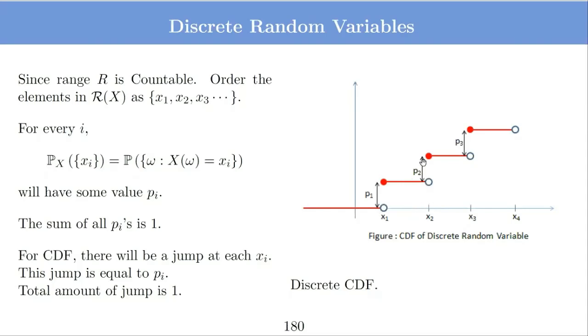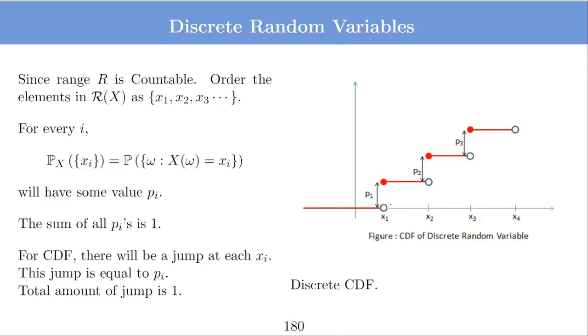Similarly, at x2 you again get one more jump like this, and eventually, if you cover all jumps, then you should reach 1, because the total mass at all those points should be equal to 1 because of the probability axiom. And of course it should start from 0. So when it is minus infinity, the CDF value is 0.